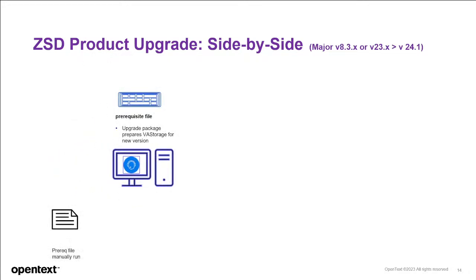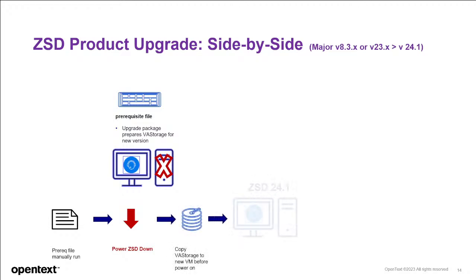You're going to go ahead and run the prerequisite file manually, which we'll do. Okay, that prepares the VA storage disk, the second disk on the server, for the new version, so it can migrate and assume the identity of this device. Once you run that prereq file, you power down ZSD, your original production server, and then you copy the VA storage to the new VM, which is 24.1. You'll bring 24.1 in. Don't power it up.